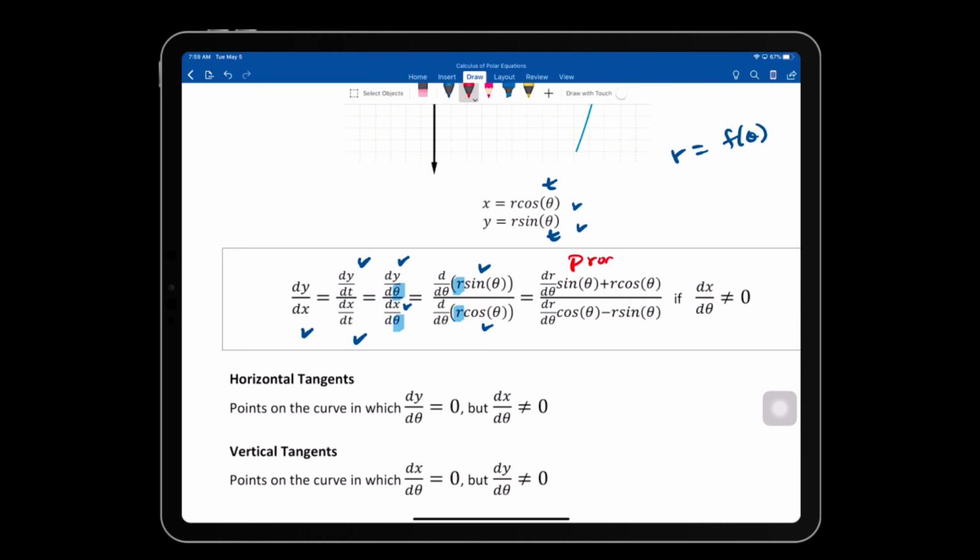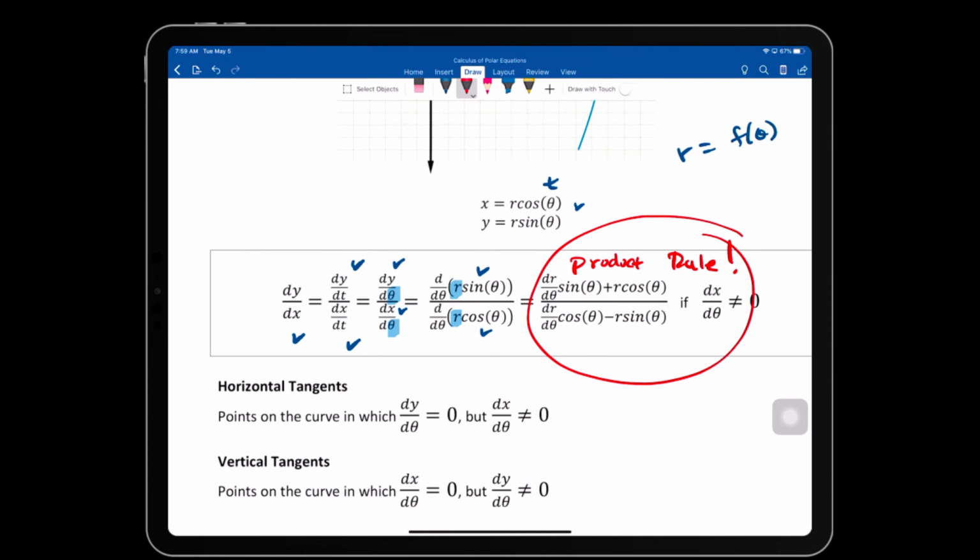We used product rule here. And this is the formula here for our derivative now. This is what we're going to be using. dr d theta sine theta plus r cosine theta, over dr d theta cosine theta minus r sine theta. So this is going to be our new formula, ladies and gentlemen, and it's a pretty big formula here. So it's pretty heavy.